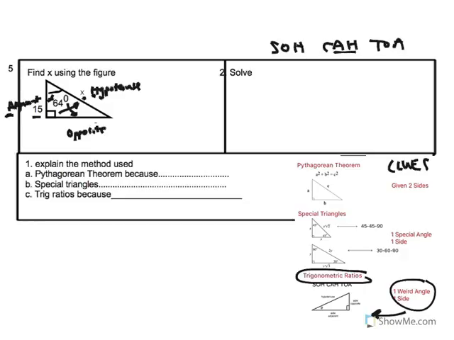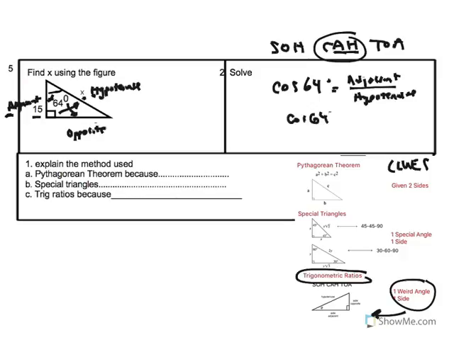So now I look for the sides where they give me information. They give me information here. And they give me information here. So I'm going to use the adjacent and hypotenuse. I write my acronym. And I look for A and H. A and H here, I'm going to use cosine. So I write cosine of 64 degrees is equal to adjacent over hypotenuse.